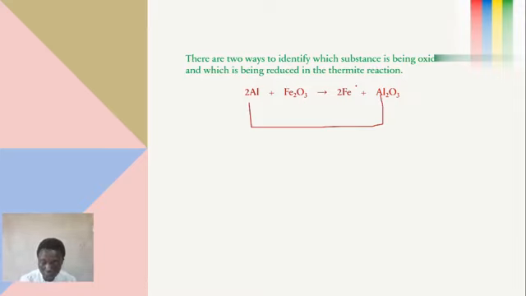That is oxidation. So oxidation has taken place, and that means aluminum has been oxidized. Are we together? So the element or substance that is being oxidized becomes a reducing agent. Let's take note of that.